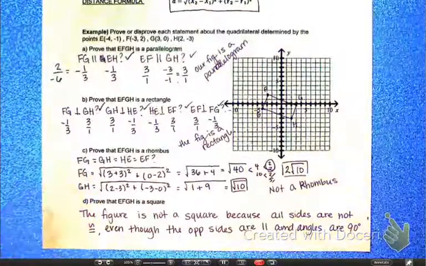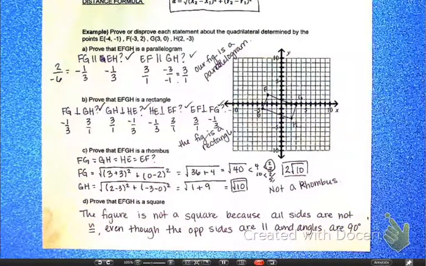So you don't have to do all the work again if you've already shown it in the steps above. Okay, it's in this order for a reason. It kind of breaks it all down for you.